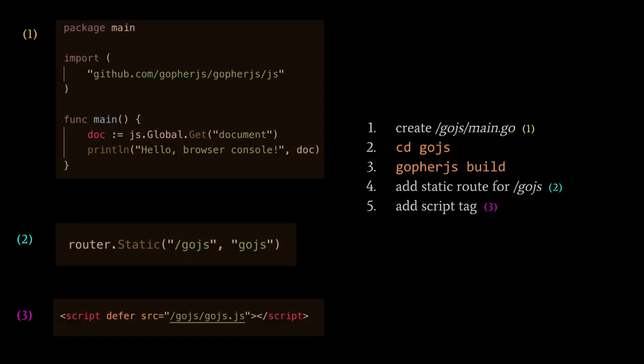And it's important actually that we expose the whole GoJS directory rather than just a single GoJS file, because gopherjs build also spits out a .map file, which is used by the browser when we try and debug our code, instead of having to debug the compiled JavaScript code, which is going to be difficult to read, and it's simply just not the code we originally wrote in Go. We want to see the Go code when we debug. Well, the map file allows us to do that.